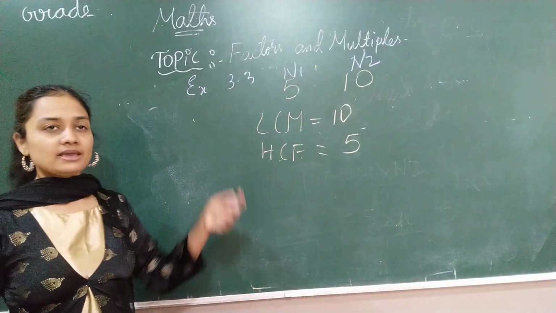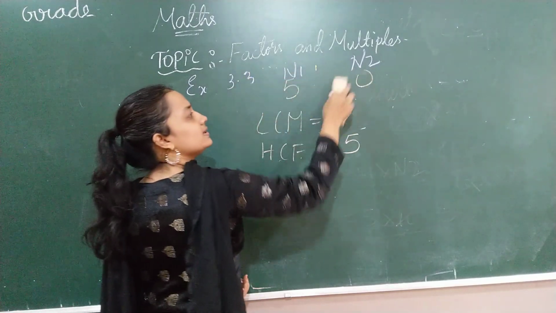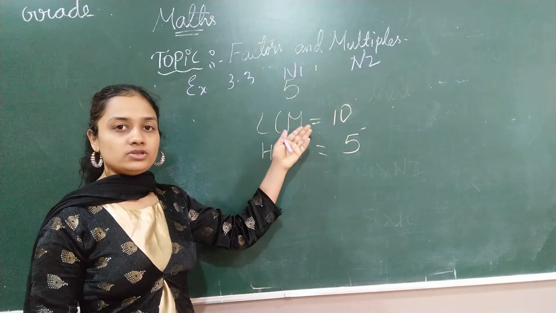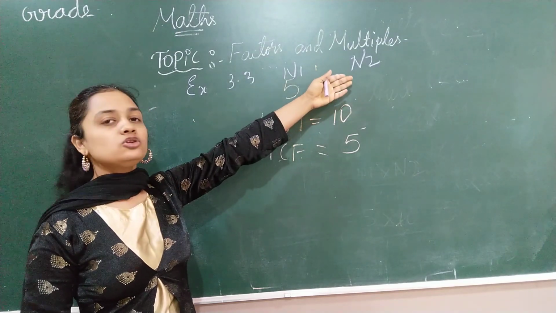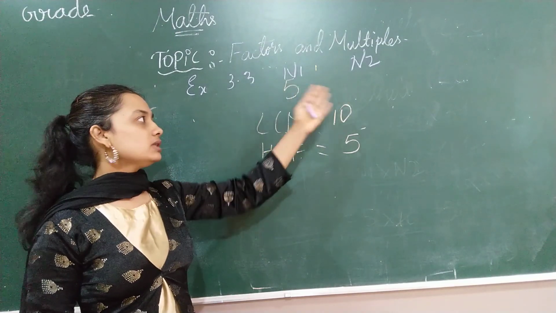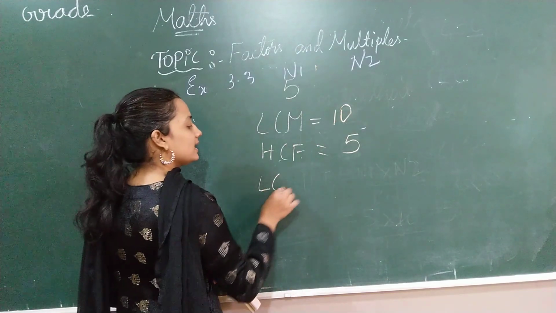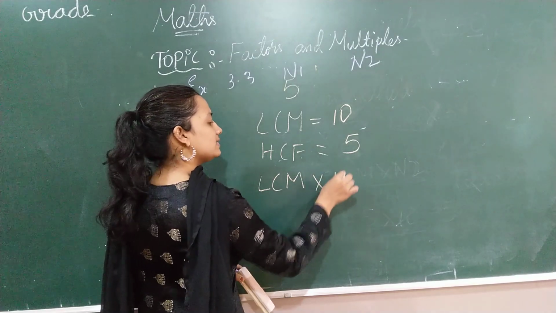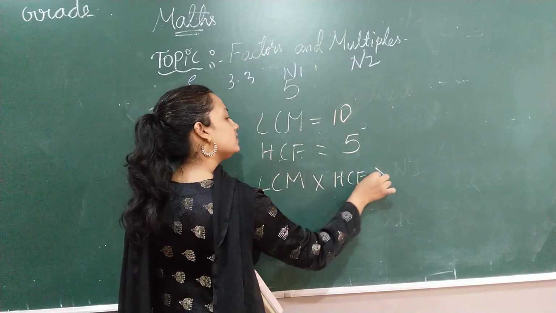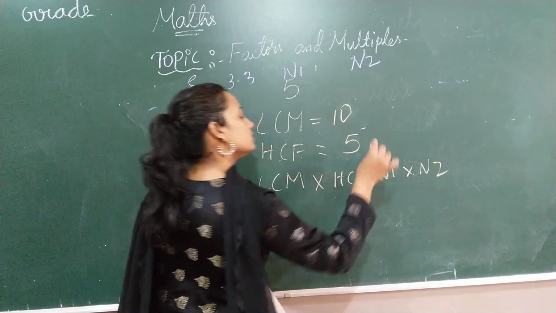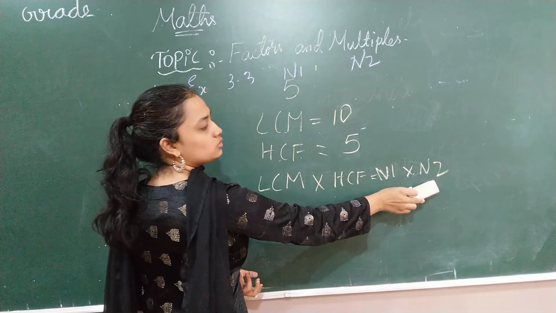Same thing if I don't know any one number here. For example, they have given the HCF, they have given the LCM, and we are asking you to find the number. Which number is missing? The same formula I will use for that also. LCM into HCF is equal to N1 into N2. Which number is missing? N2.